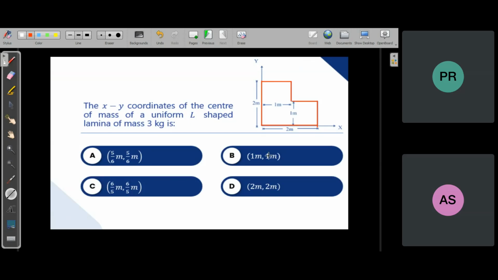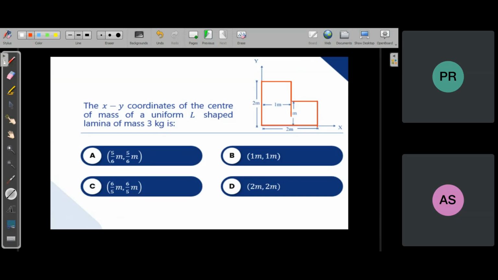Now here, if this is an L-shaped lamina, regular lamina, unless and until it is mentioned that it is non-uniform, you will always assume that it is uniform. Now, if it is uniform, what we can do is simply break it into two parts.